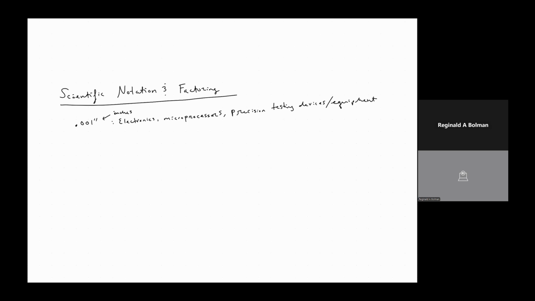If you want some sort of a technical measurement, just pick up a piece of paper and notice how thin it is, that's going to be roughly 1,000th of an inch. So at 1,000th of an inch, you're dealing with things that are the size of electronics, microprocessors, precision testing devices, so on and so forth.